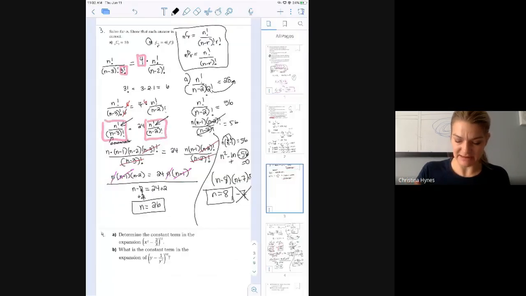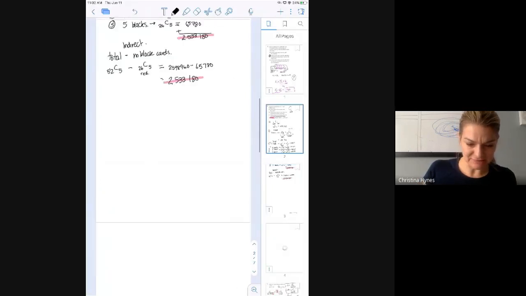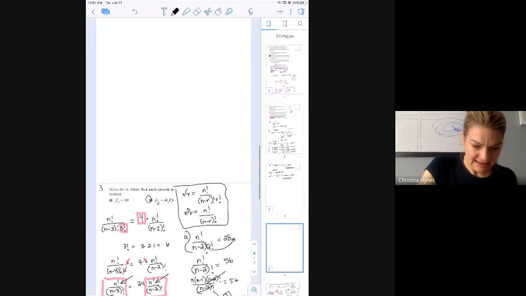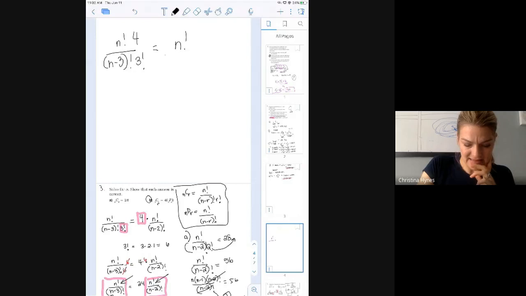Here, let me add a page. I was trying to see where this 3 factorial was. So you're saying, what if I had n factorial over n minus 3 factorial, and then I had 3 factorial, and then there was a 4 here? Is that what you're asking?